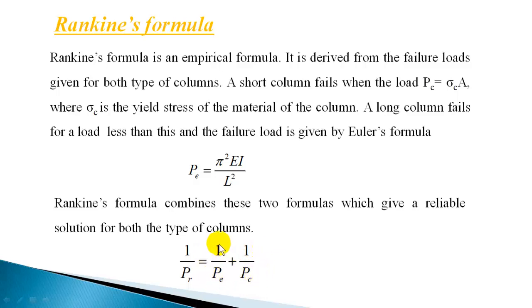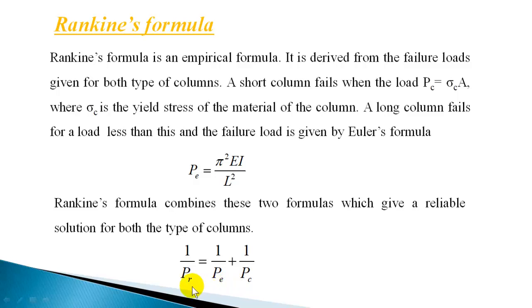So when this is small, you can take approximately 1 by PR is equal to 1 by PC, or PR is equal to PC. So Rankine's load will be approximately equal to the load given by PC. When it is a long column, PC will be large in comparison with PE, and when PC is large, 1 by PC will be small in comparison with this term, or this can be neglected, and you can take 1 by PR approximately equal to 1 by PE, or PR is equal to PE.